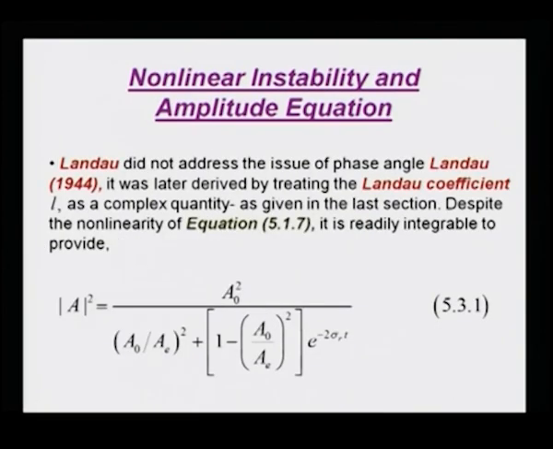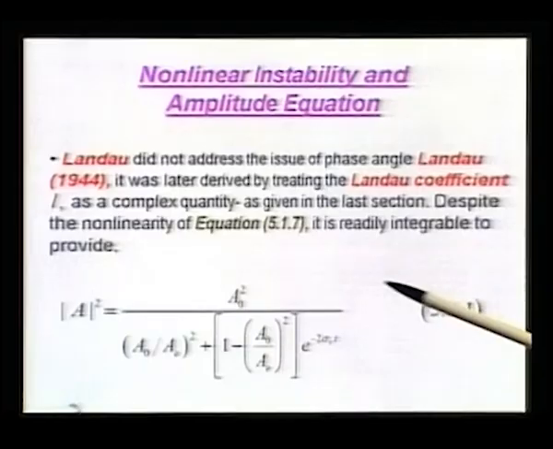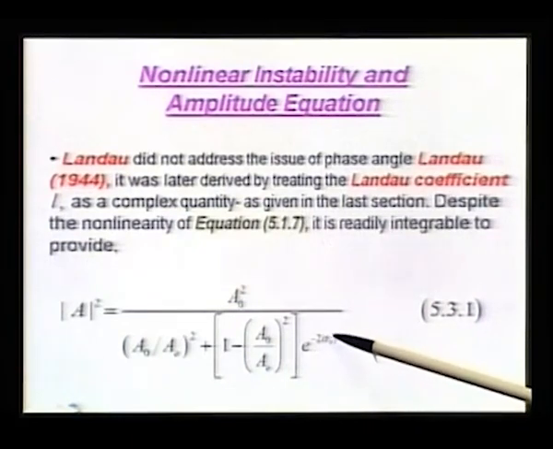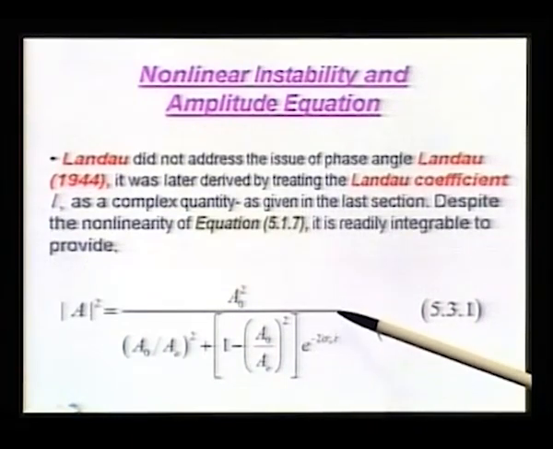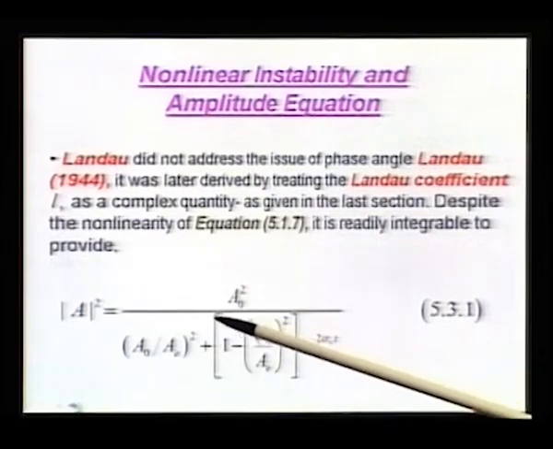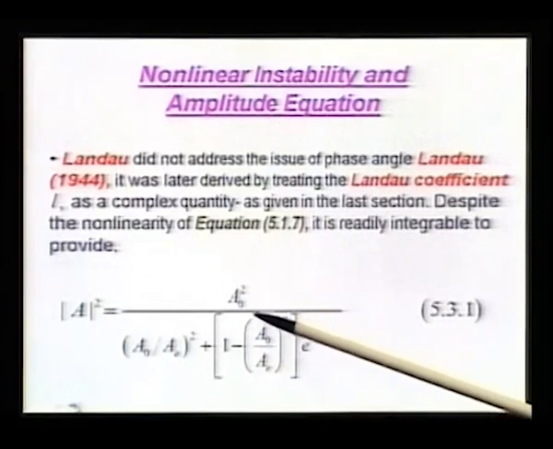And this is the Landau equation's analytic solution. As I told you, you can see the time dependence comes here from e to the power minus 2 sigma r t. Now this sigma r is positive, right? So the exponent is negative. So as time increases, this quantity goes away.